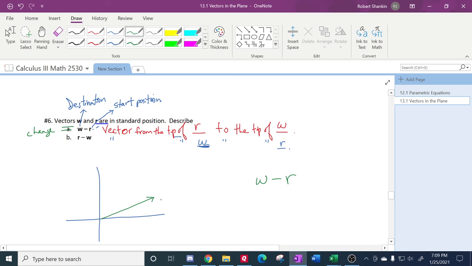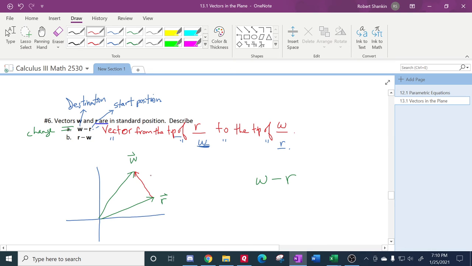So if I had an R here and a W here, then if I had this, we can think of this as the amount of change, the difference between the two vectors. But how do I look at this?